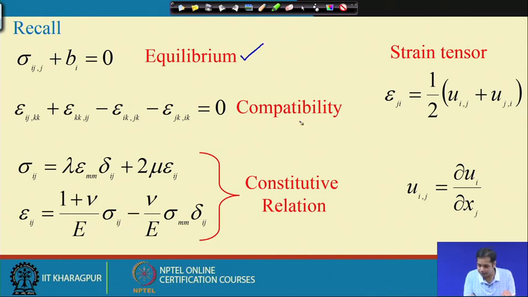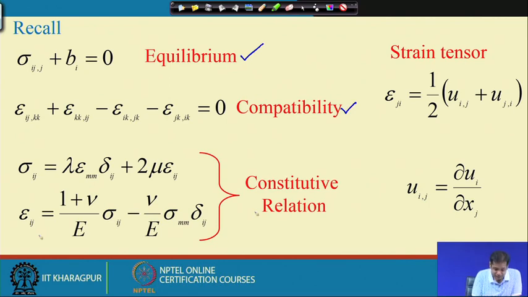The compatibility equation and the strain displacement relation essentially tell you the same story, but in a different way. When we write the compatibility equation, the displacement terms are completely eliminated. We use this while deriving the equations in terms of stresses, and in the constitutive relation we can have two forms.